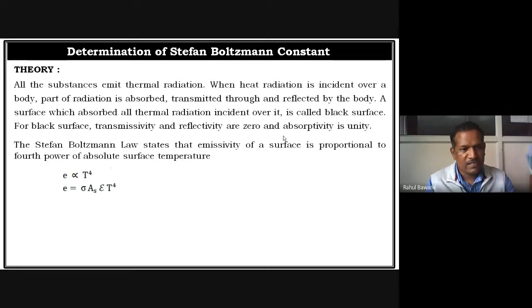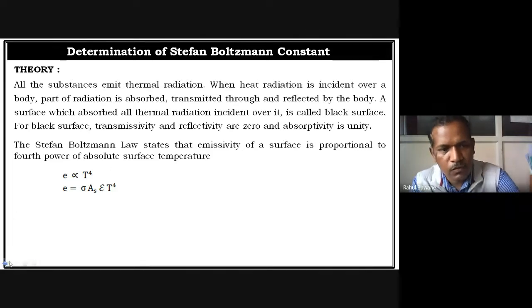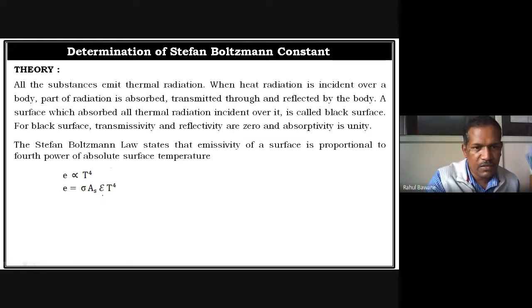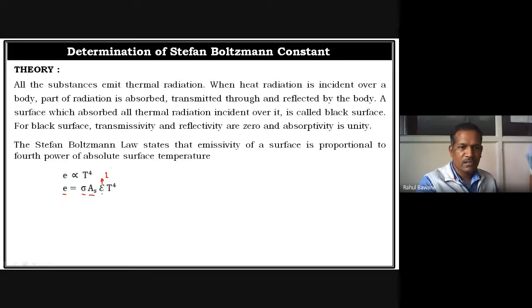If we are considering the emissive power of a black body, we know that for a black body emissivity is equal to 1. For other surfaces, emissive power is equal to sigma, the Stefan Boltzmann constant, multiplied by the surface area available for radiation, its emissivity, and temperature raised to the power 4.